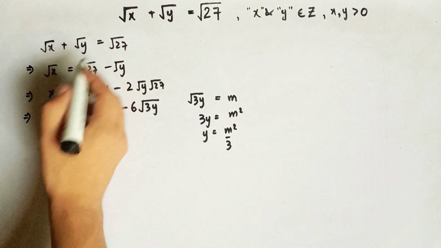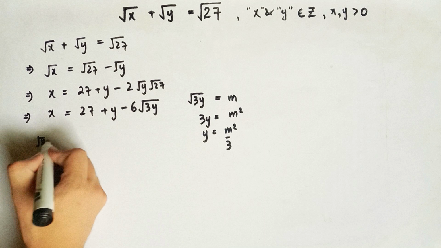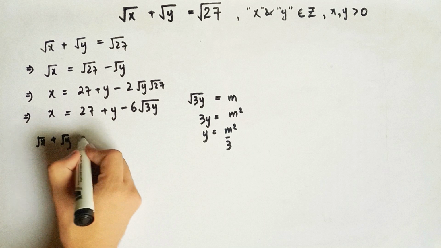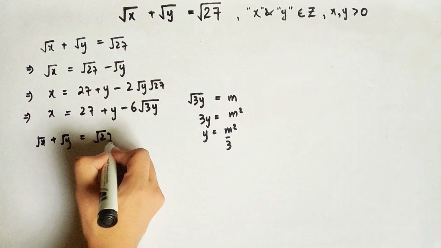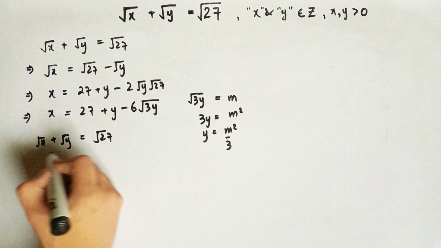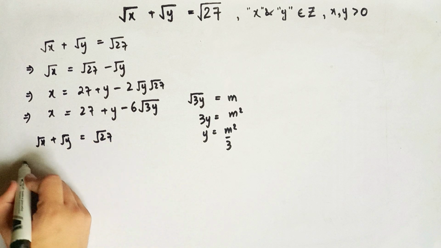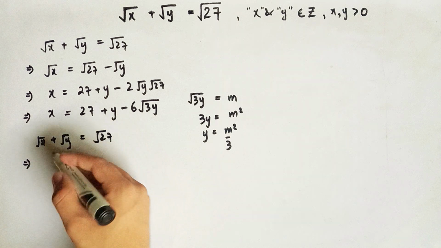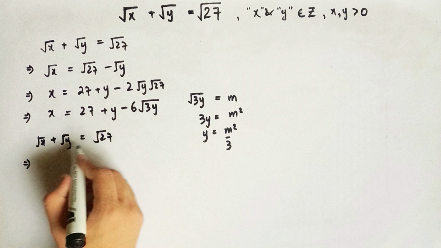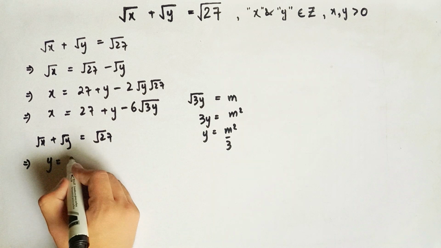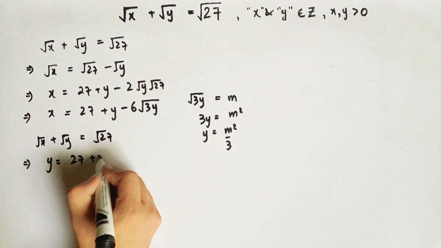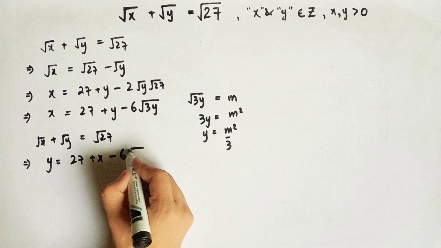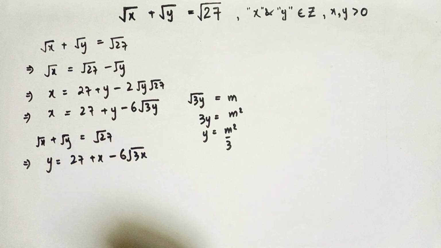Now using this equation again, we have root of x plus root of y equals root of 27. Now if we move root of x to the right hand side and then square the equation, in the end we get y equals 27 plus x minus 6 times root of 3x.